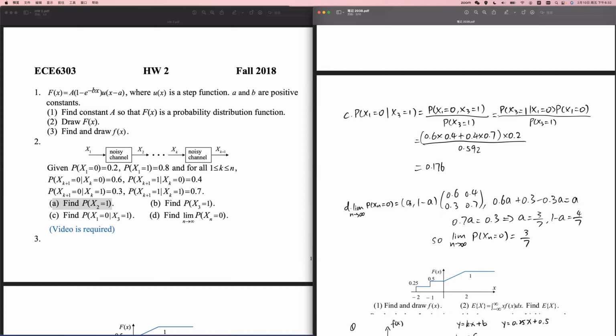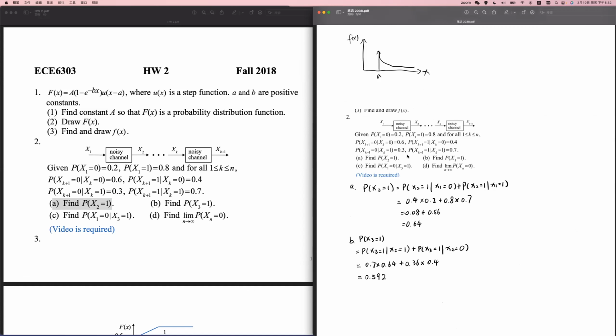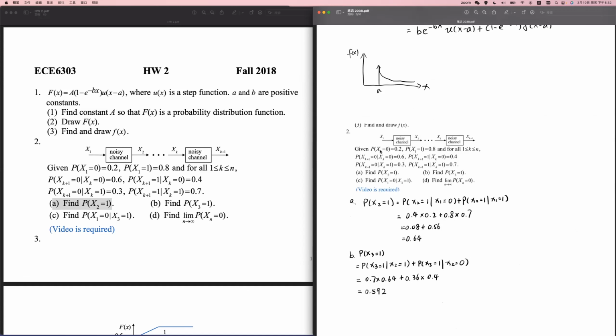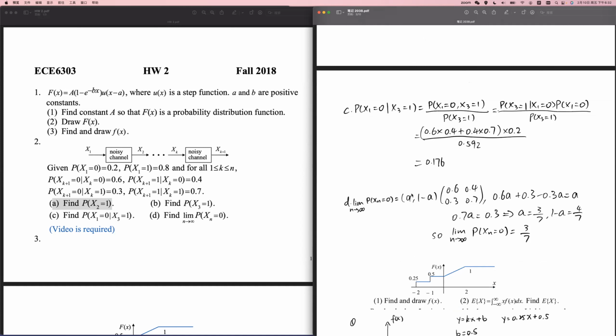A should be the probability of, oh yeah, for here it's always changing for x1 equals 0, so in the base case it is 0.2 and x1 equals 1 is 0.8, but over time it is changing. So I just use A to symbolize that.